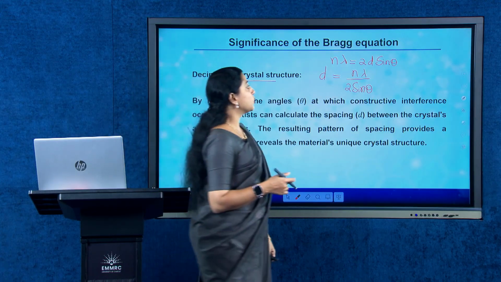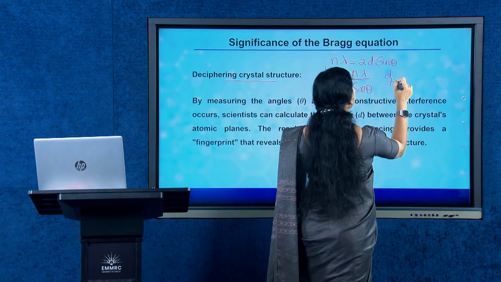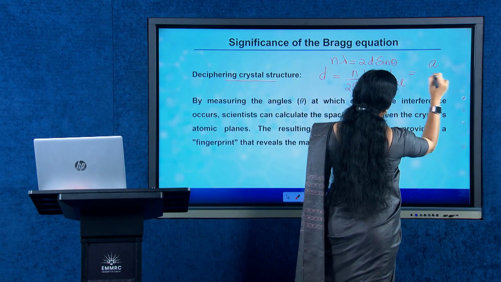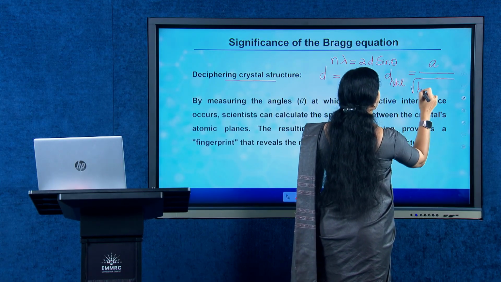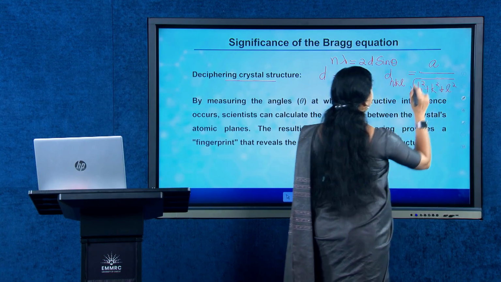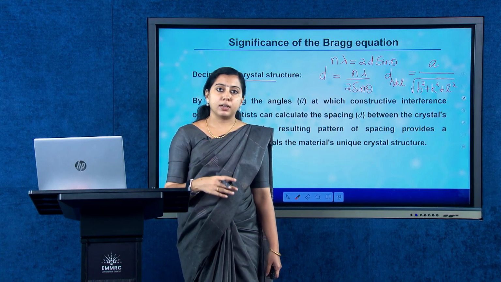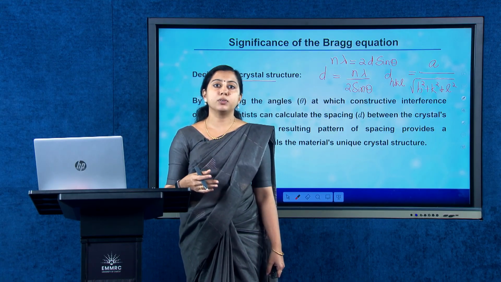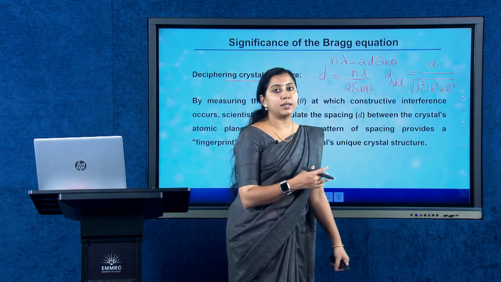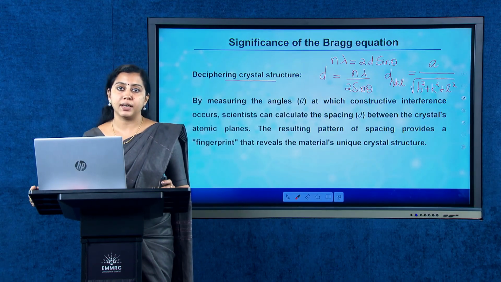And also you can calculate the edge length by the equation d_hkl is equal to a by root of h square plus k square plus l square. So, once you get the d value using Bragg's equation, you can use that value for finding out the edge length of the unit cell in various structures using this equation, d_hkl is equal to a_hkl by root of h square plus k square plus l square.